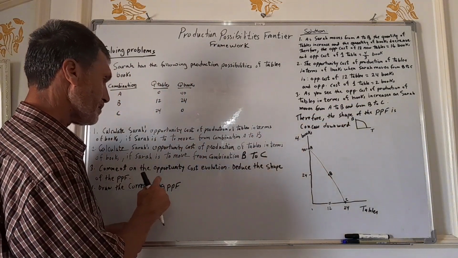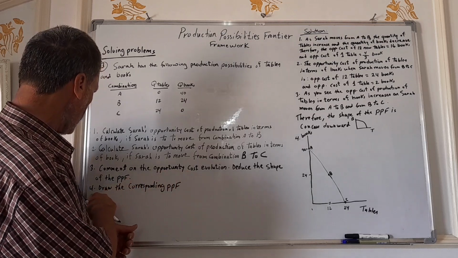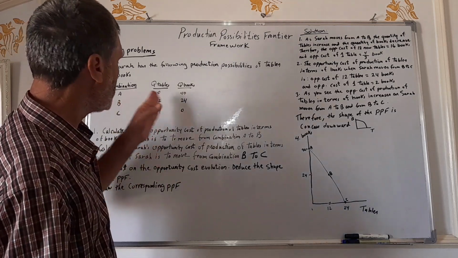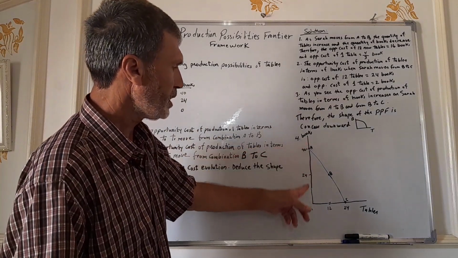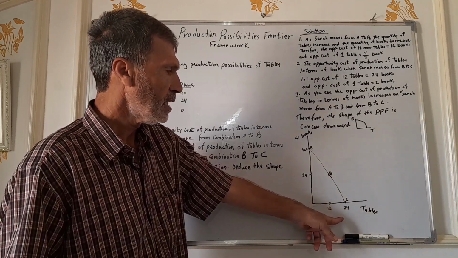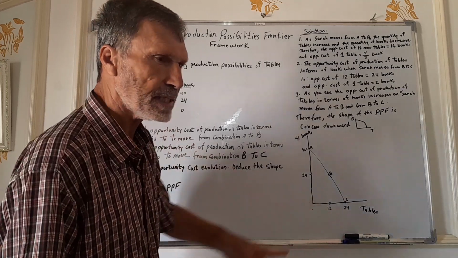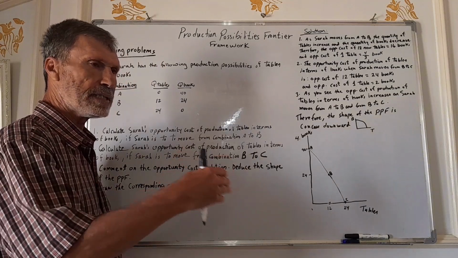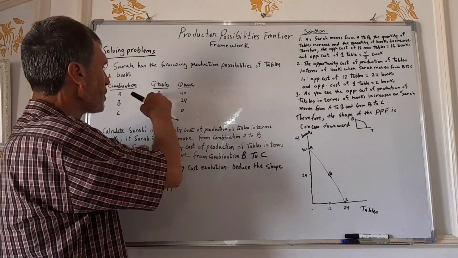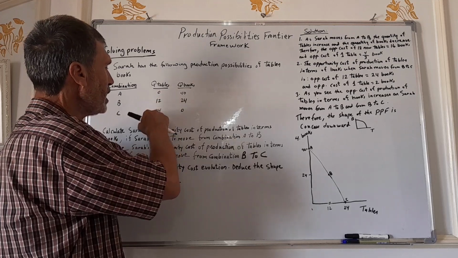Now, of course, to draw the corresponding PPF, we put books along the vertical axis, and we have tables along the horizontal axis. And usually, tables increase as Sarah produces, and books decrease.